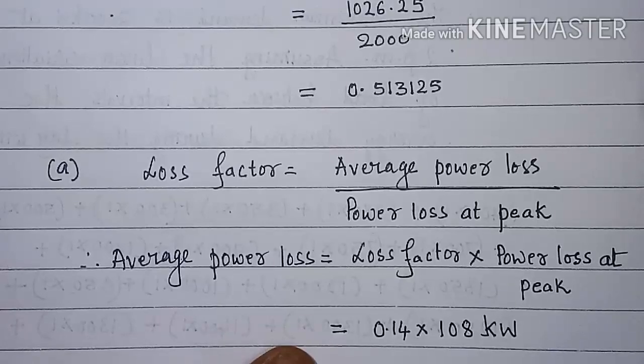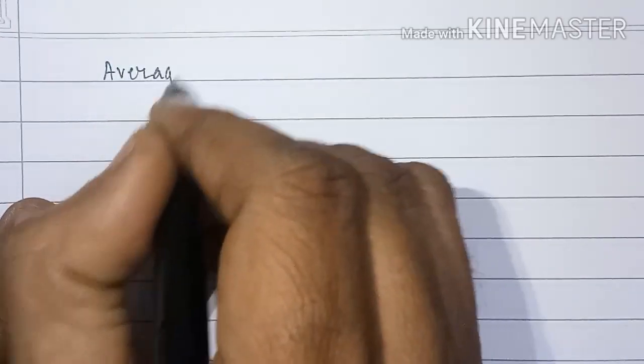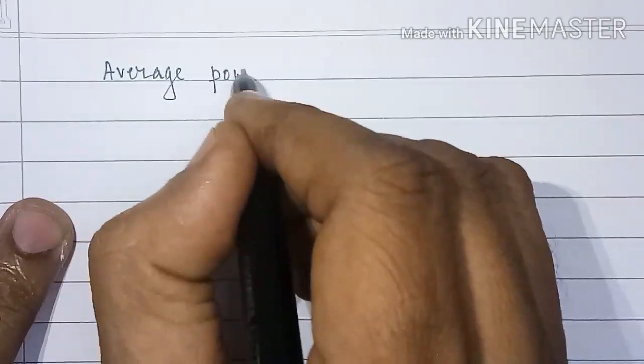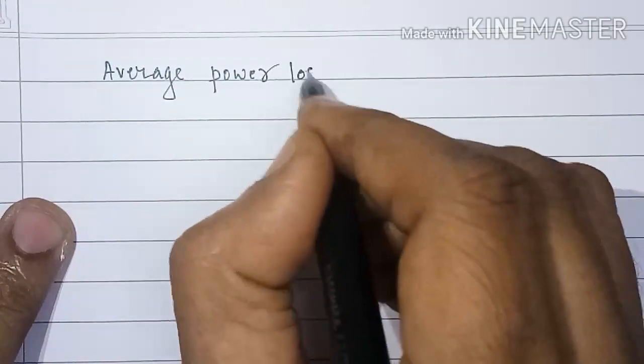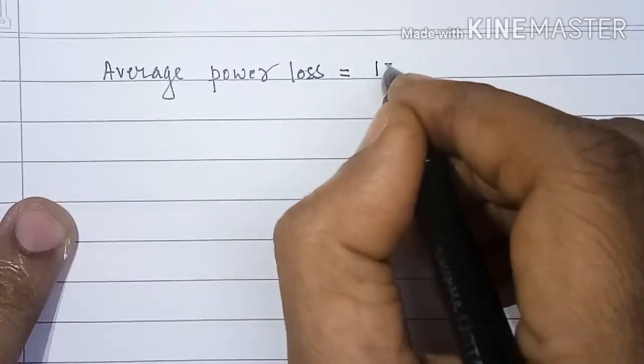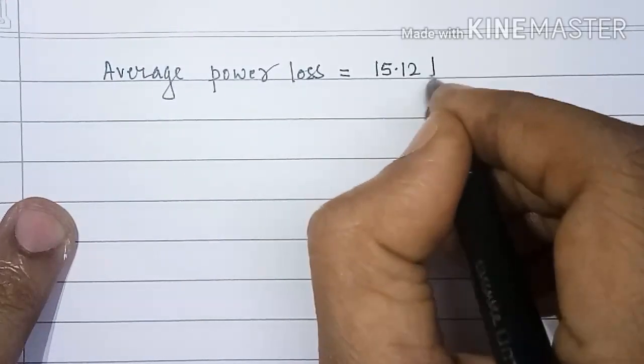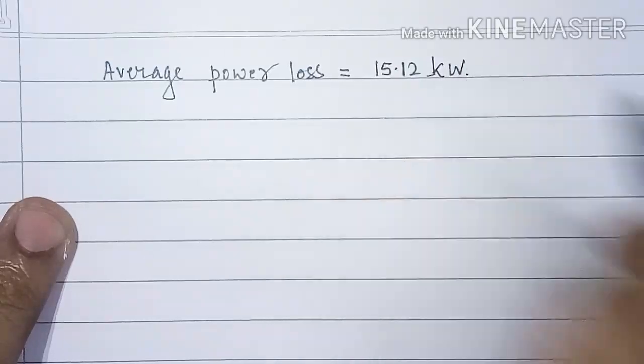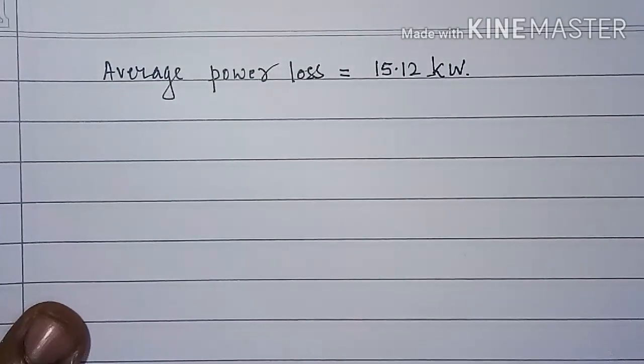Multiplying, we get average power loss equal to 15.12 kilowatt.